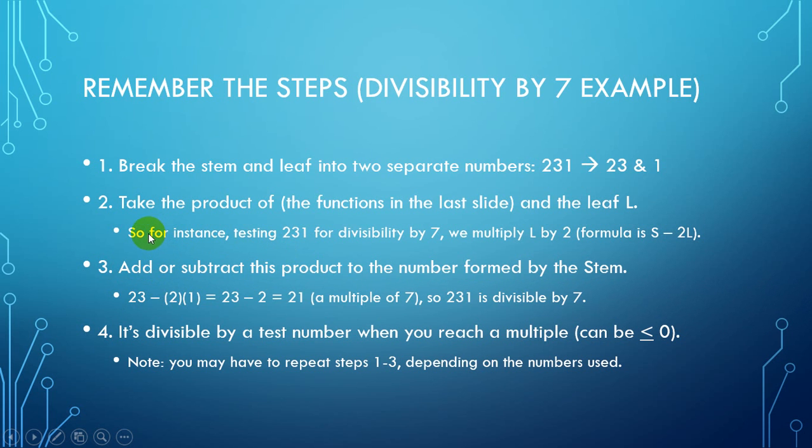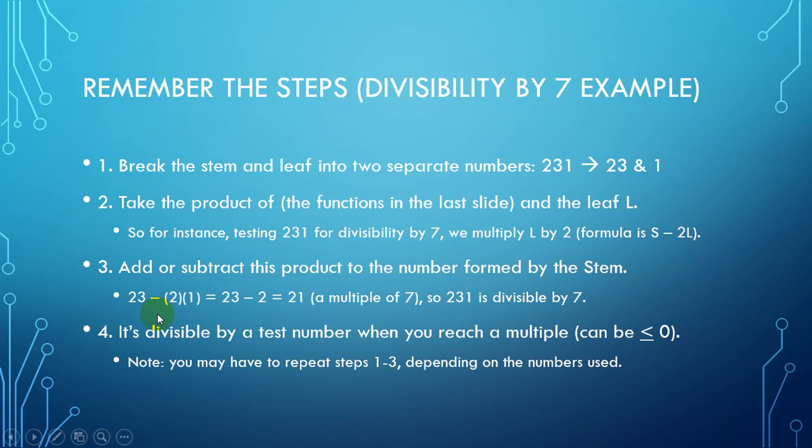So for instance, testing 231, we multiply that leaf by 2. We broke it apart here, and so it broke into 23 and 1. So now we're going to multiply the 1 by 2, which gives you 2. 23 minus 2 gives you 21, a multiple of 7, so therefore 231 is divisible by 7.